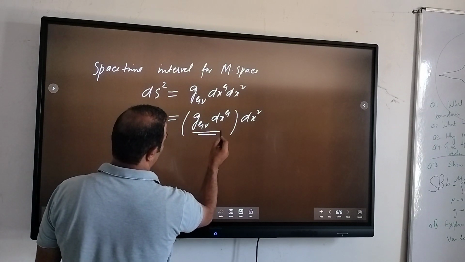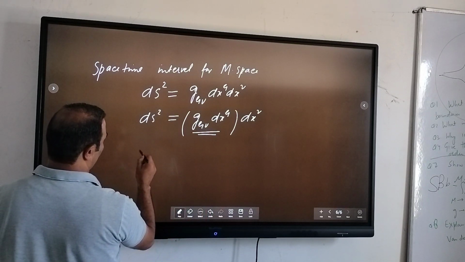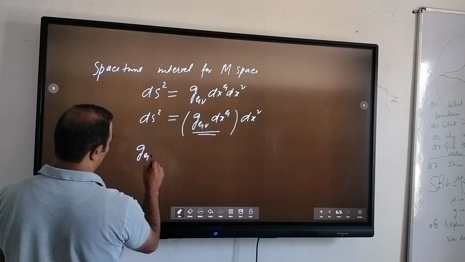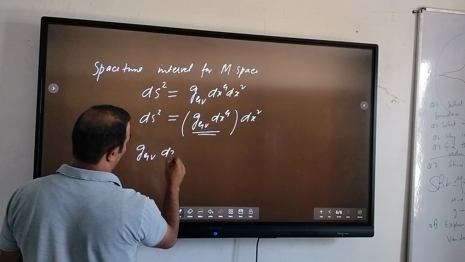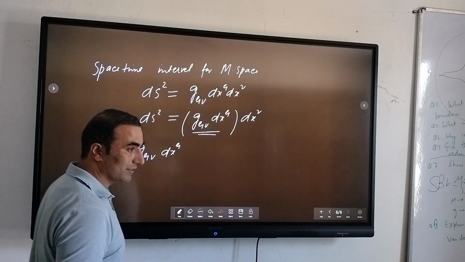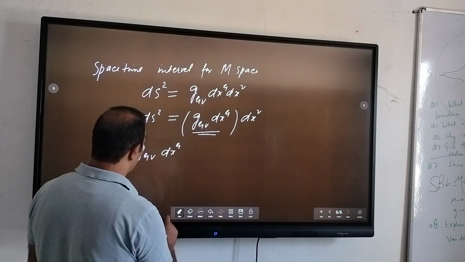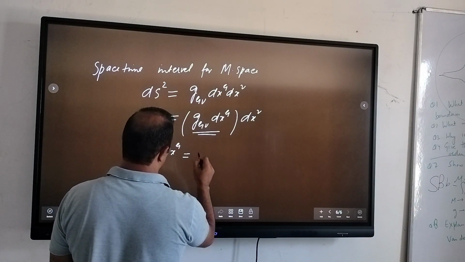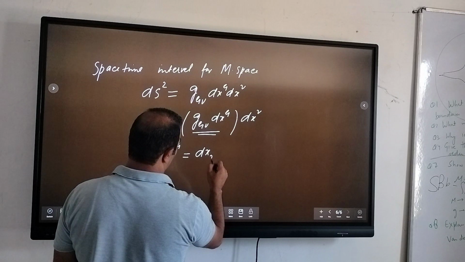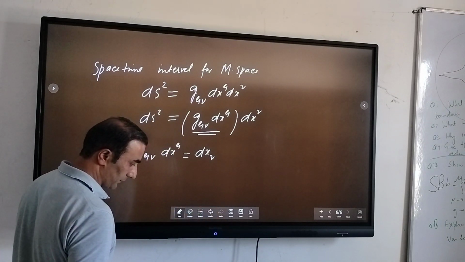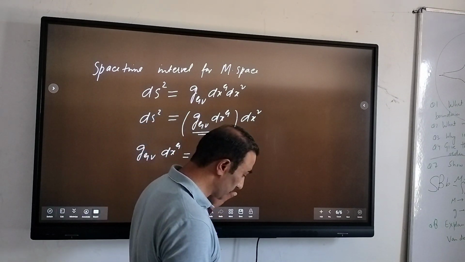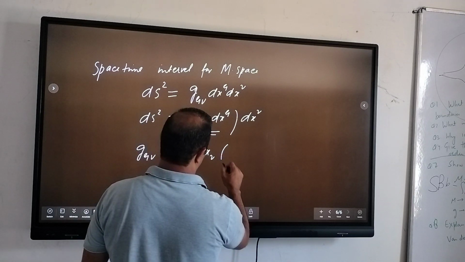You can rewrite this term, so I can write it as g_mu nu dx^nu. As per the Einstein summation convention, you can write this as this, so this will be equal to dx_mu. So this is as per the Einstein summation convention.